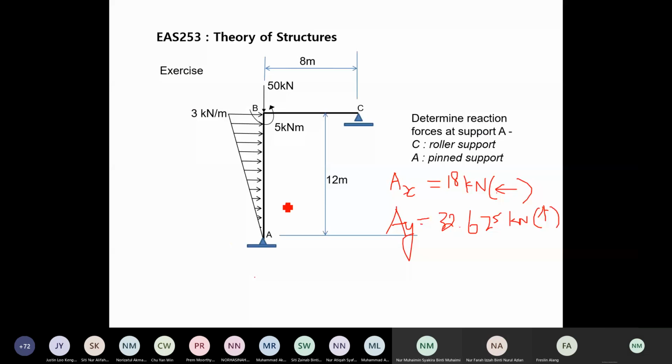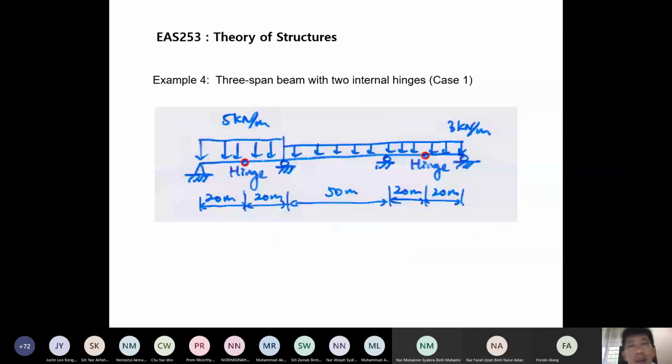Hinges. So we will look at how to consider beam examples where there are internal hinges. So class, I am showing you now a 3-span beam with 2 internal hinges.